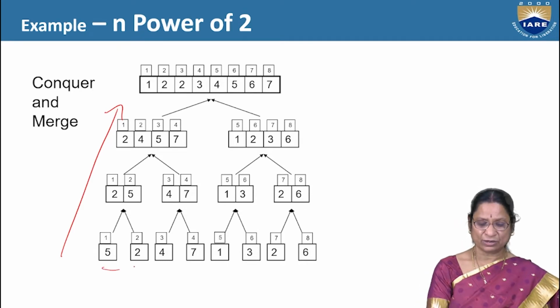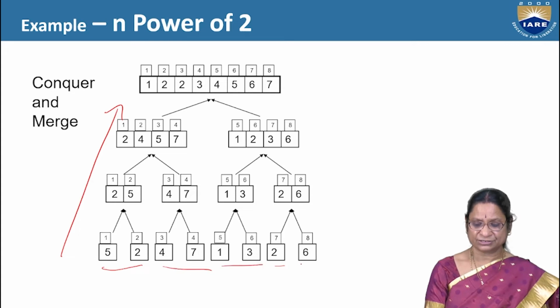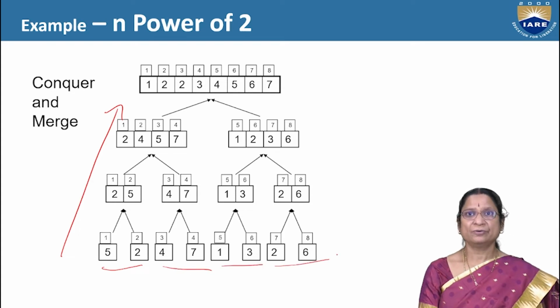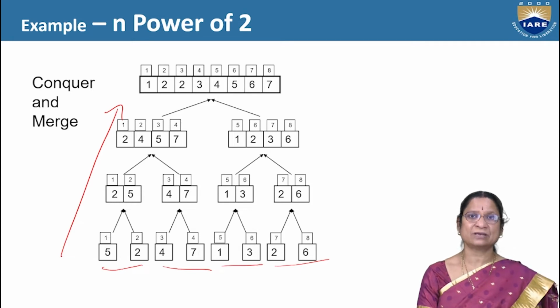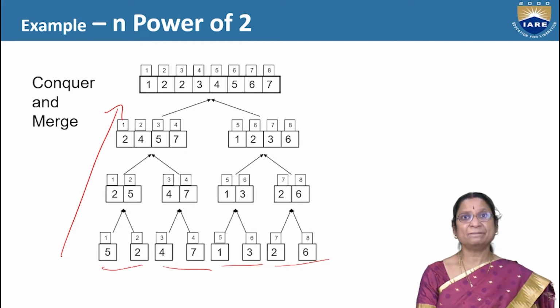These 2 are merged, these 2 are merged, these 2 are merged, these 2 are merged. What is merging? Merging is combining the 2 sublists. The prerequisite of merging is that the 2 sublists must be in sorted order. After merging, we will get the merged list again in sorted order. That is the basic merging process actually.